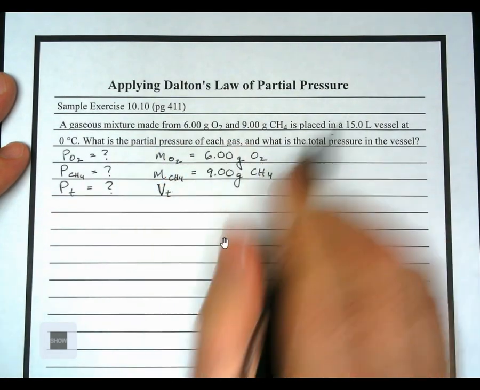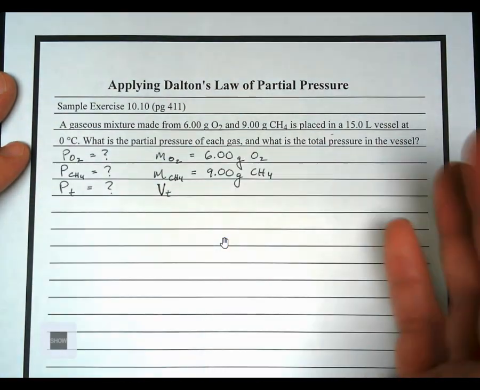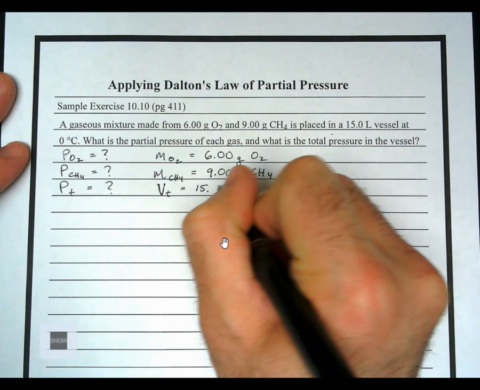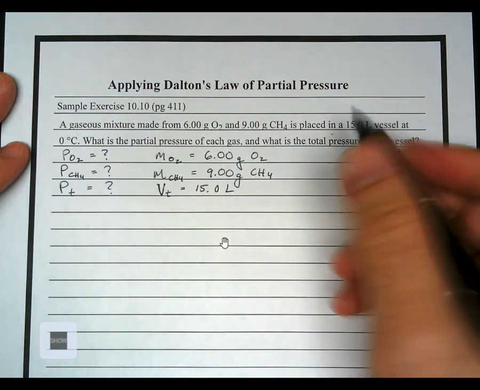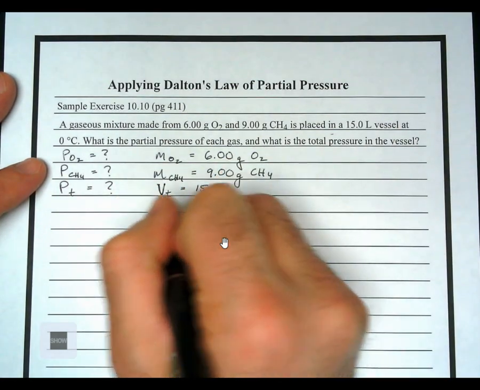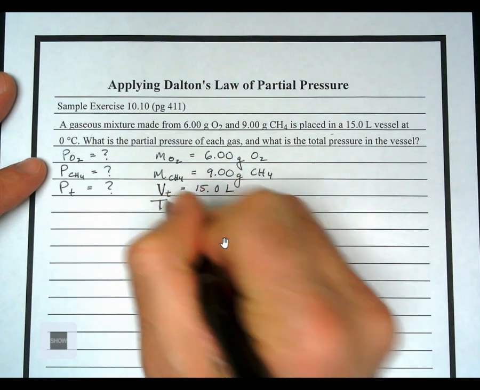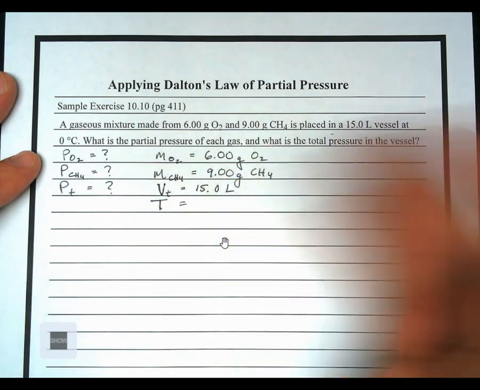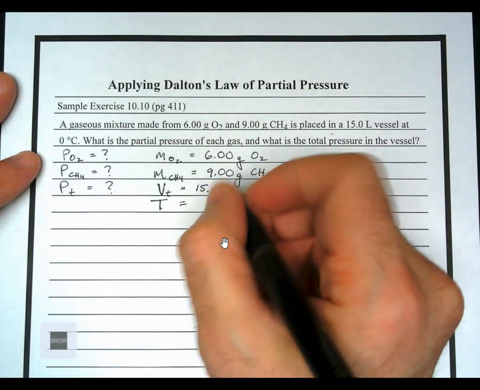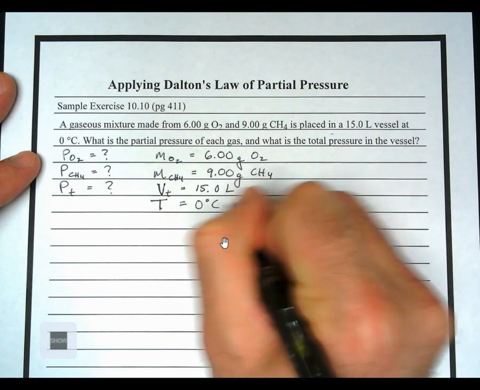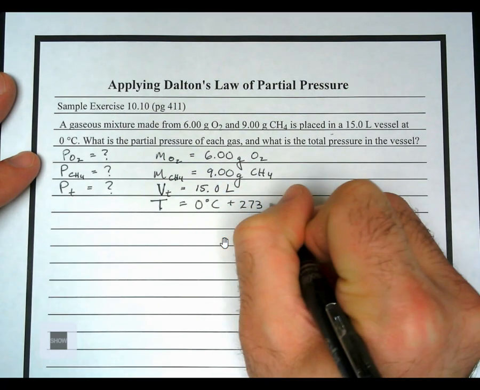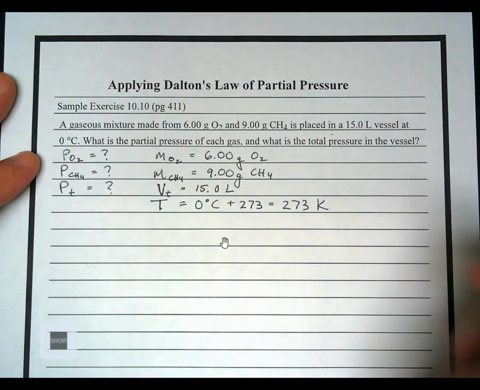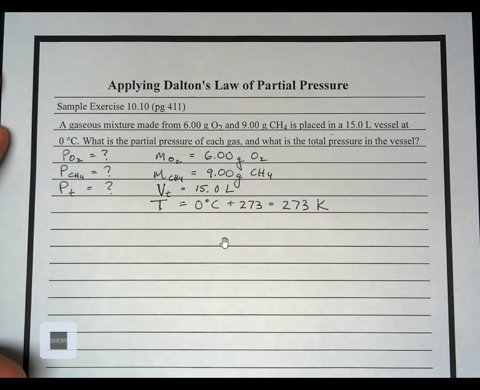Because it's the thing that they put all of it into. So the total volume, 15 liters, and we've got a temperature, which there's really no total temperature. They're all at the same temp. So temperature of 0 degrees Celsius, which we're going to automatically turn into Kelvin. All right, everybody good so far? Questions?